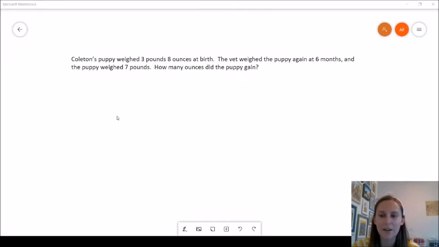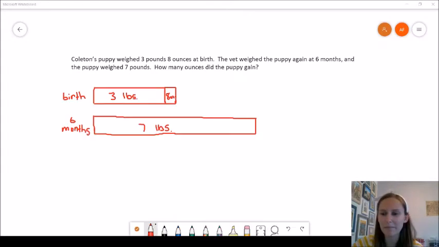Let's take a look at our next problem. Colton's puppy weighed 3 pounds, 8 ounces at birth. The vet weighed the puppy again at 6 months, and the puppy weighed 7 pounds. How many ounces did the puppy gain? Let's draw a tape diagram to model this problem. All right, here is my tape diagram. So at birth, the puppy weighed 3 pounds, 8 ounces, and at 6 months, the puppy weighed 7 pounds.